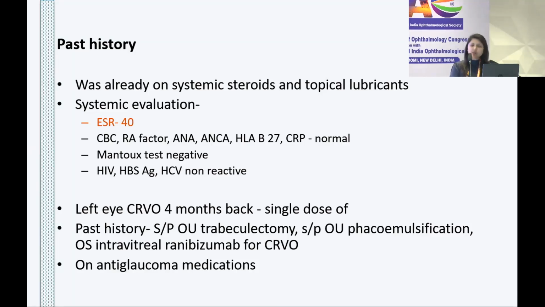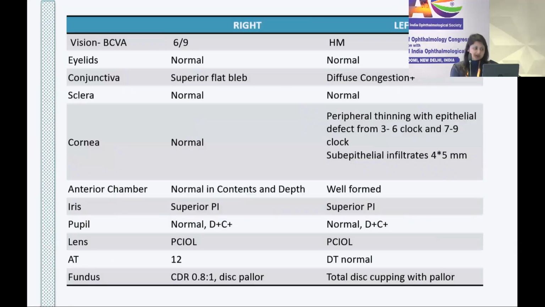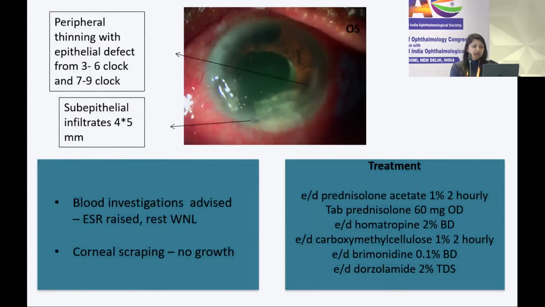He had had multiple ocular surgeries before, TRAB in both eyes, phaco, retinal injections, and he was on anti-glaucoma medications also. The right eye essentially was within normal limits except for a bleb and a higher cupping, but the left eye had peripheral thinning, as we can see here, with an epithelial defect, and there were subepithelial infiltrates as well.